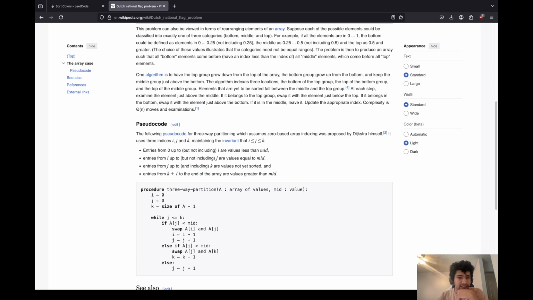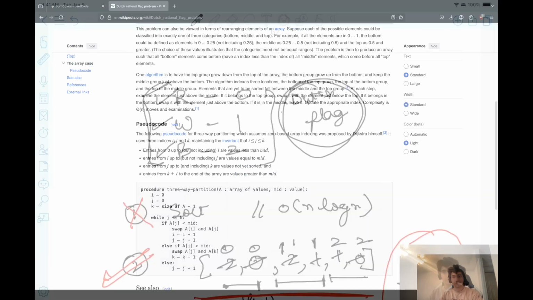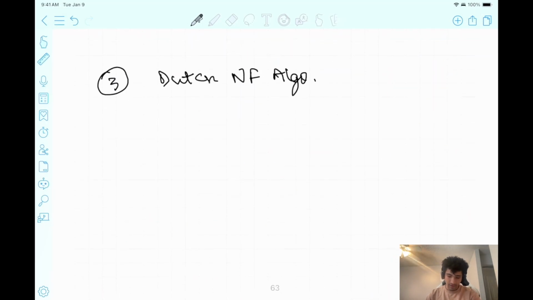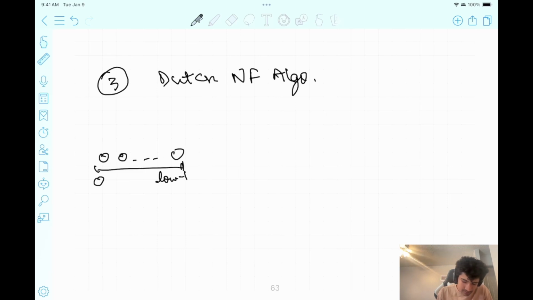So basically this says these values represent zeros, ones, not sorted, twos, right? So let me quickly bring the whiteboard up. Okay, so the Dutch national flag algorithm states that from 0 till your low minus 1 is all zeros, right?